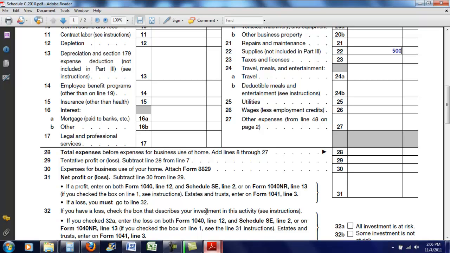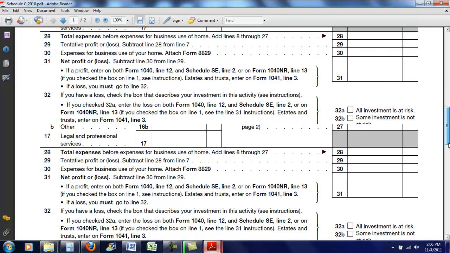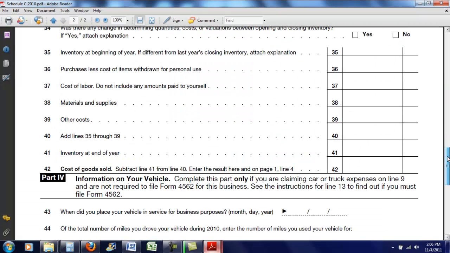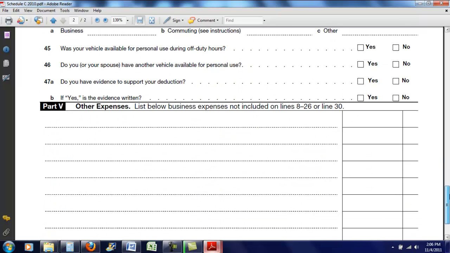So I'm then going to go over here, and my cell phone charger, I'm going to list that on other expenses.